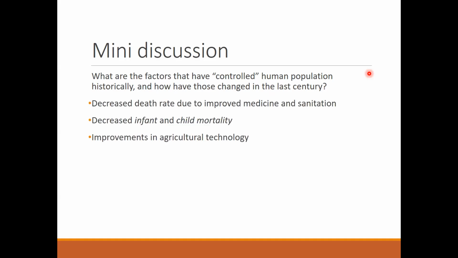Okay, so in particular, we have had a decreased death rate due to improved medicine and sanitation, in particular the germ theory of disease. So right now we're, of course, experiencing this not understanding disease and not understanding where it's coming from and how it's transmitted and all of those things.